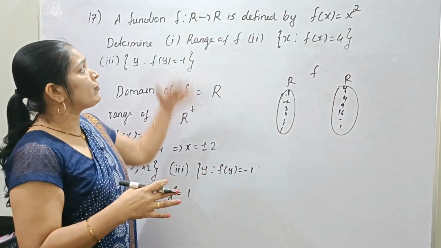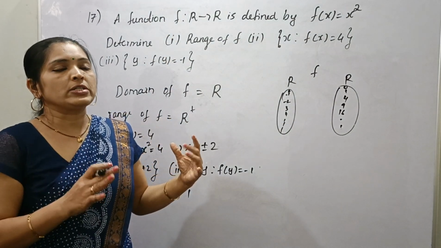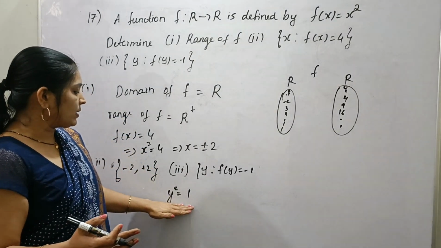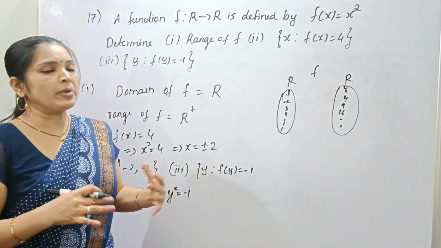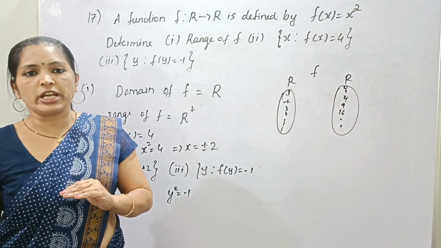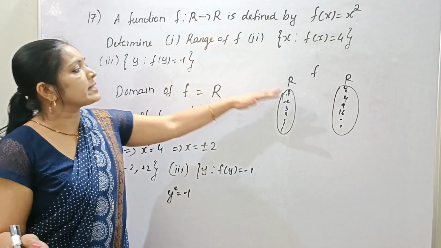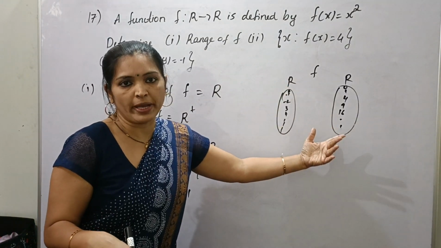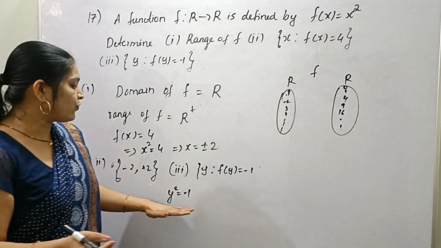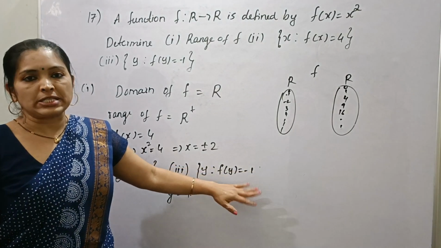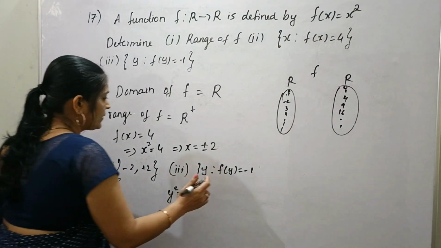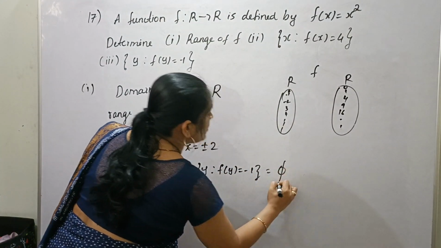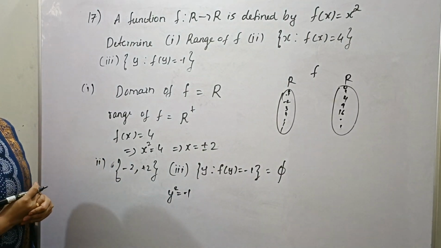And it is a function from R to R, right? See here, y square is equal to minus 1 means y will be an imaginary number, right? But it is a set of real numbers. So, there are no negative values in range. Therefore, this set is an empty set, that is phi.